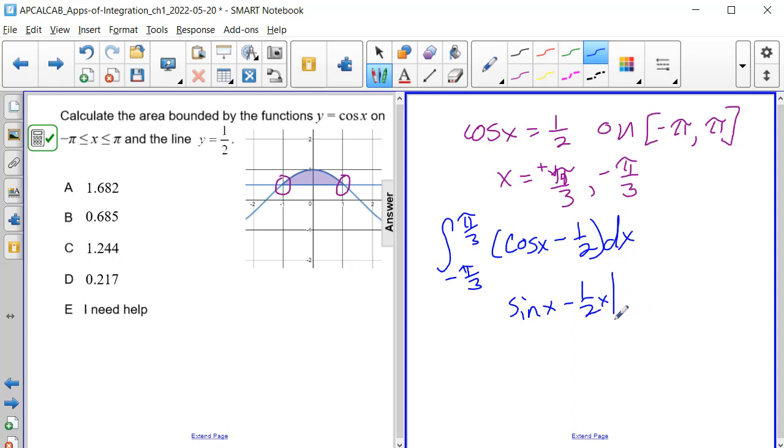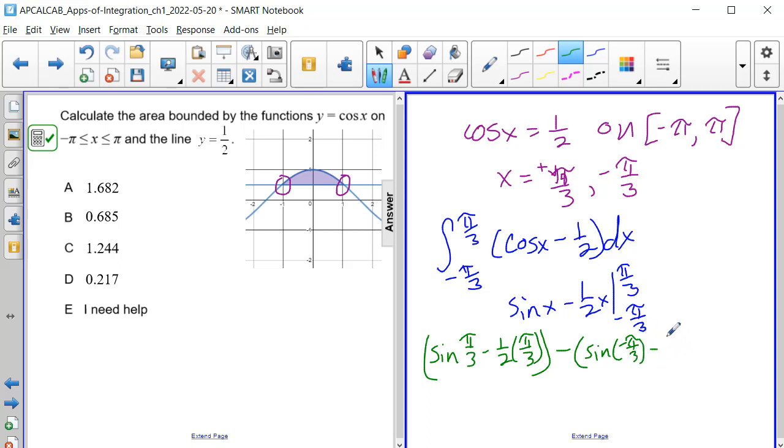And then if we evaluate that from negative pi over 3 to pi over 3, we are going to have the sine of pi over 3 minus 1/2 times pi over 3. And we're going to subtract the sine of negative pi over 3 minus 1/2 times negative pi over 3.